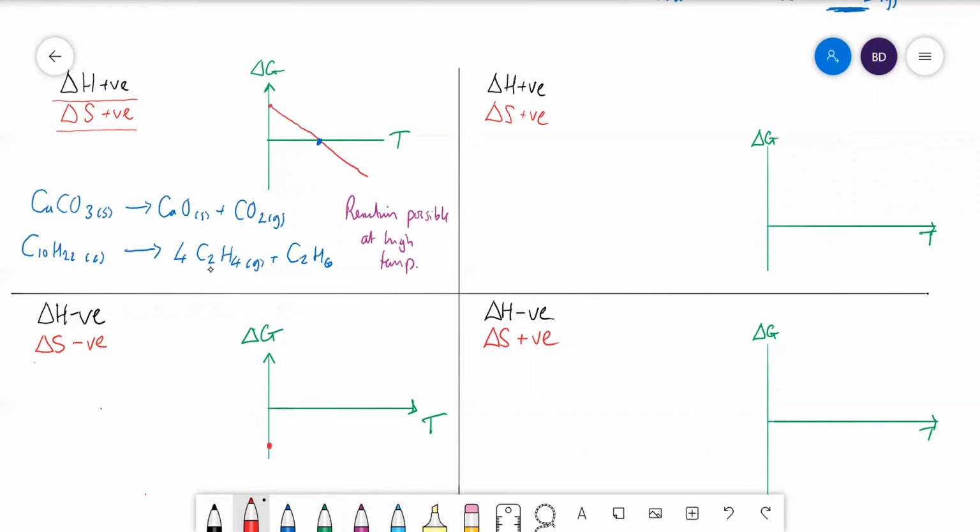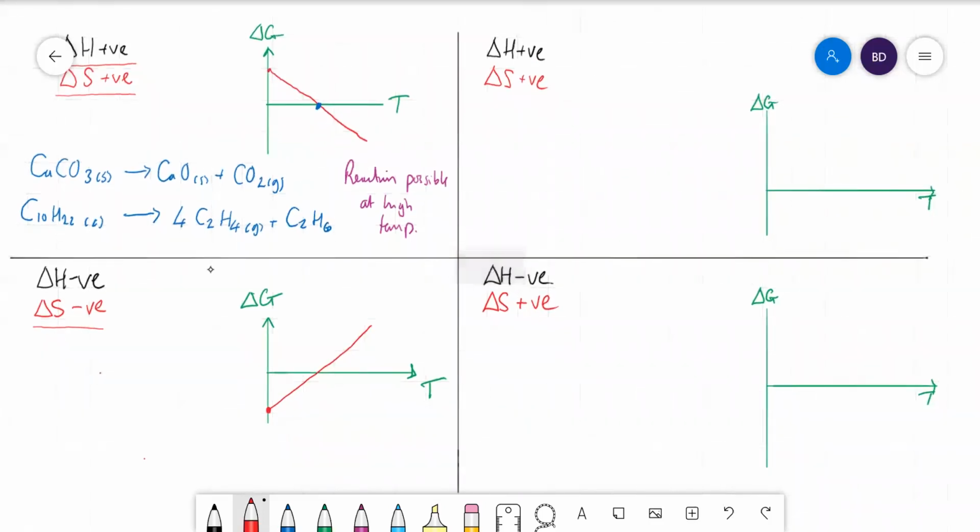Delta S is negative, so that means the gradient's going to be positive, so it's going to go that way, like that. So this kind of reaction is only possible at low temperatures. Once you get past that temperature, delta G becomes positive, doesn't it? So it can't happen. So let's write down: reaction possible only at low temperatures.